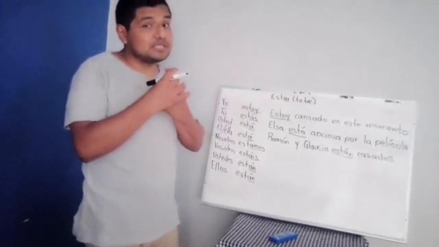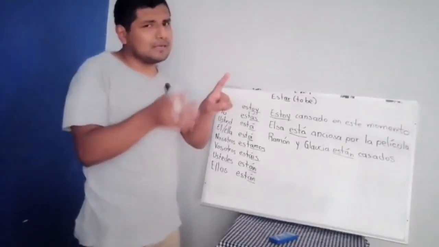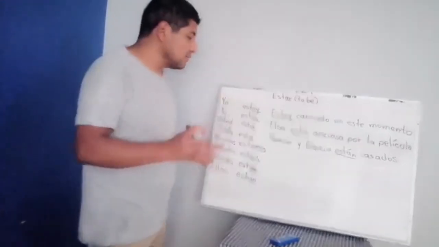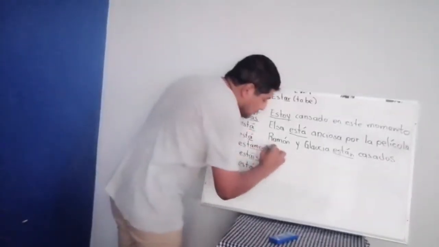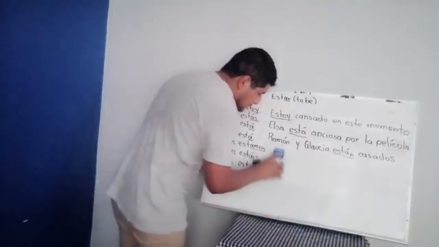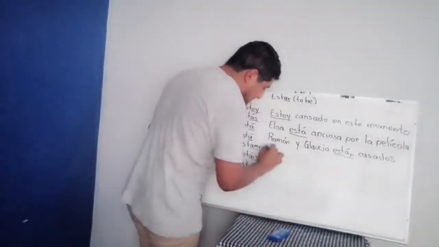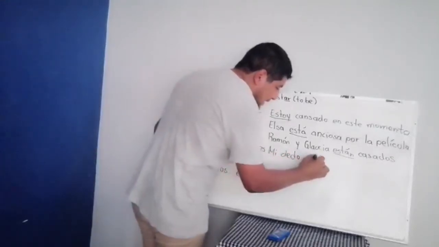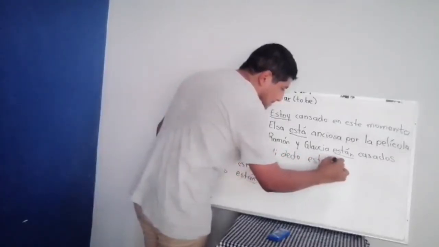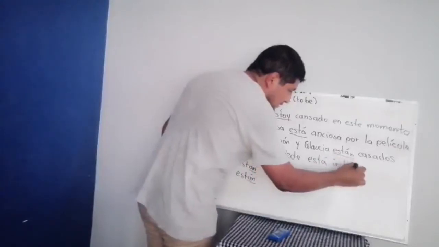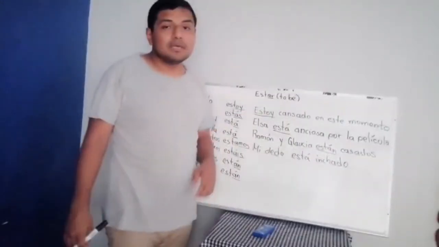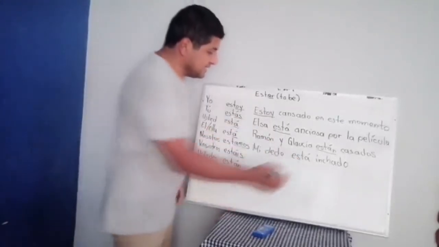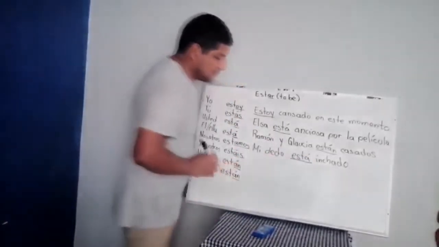That means that just temporarily you're going to have that, and in the future you're going to return to the same size. For example, mi dedo, that means finger, está hinchado, means swollen. Mi dedo está hinchado.